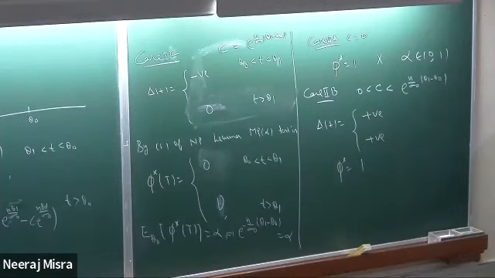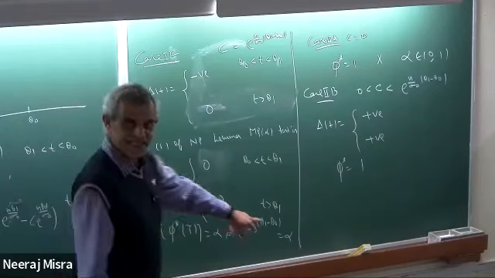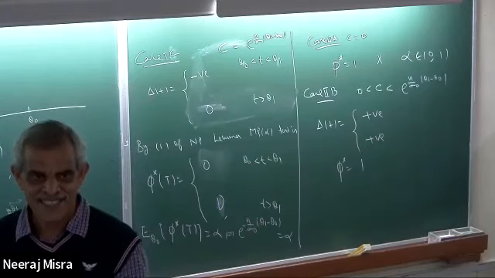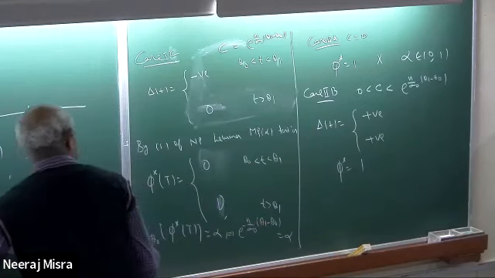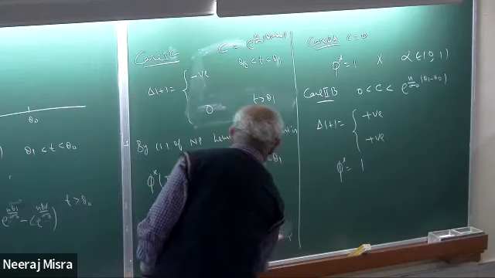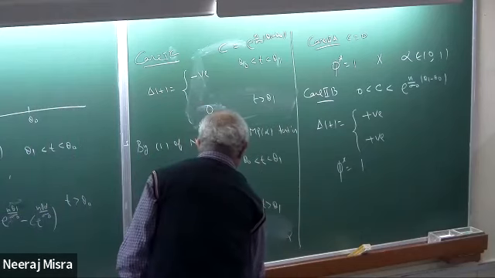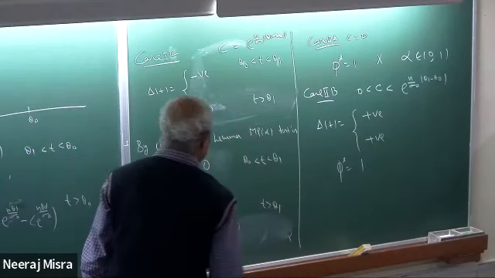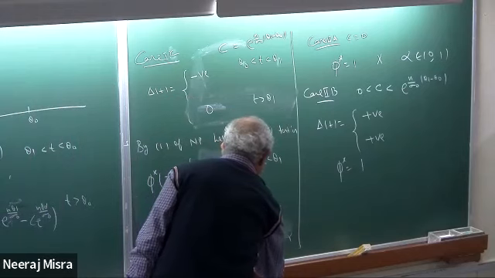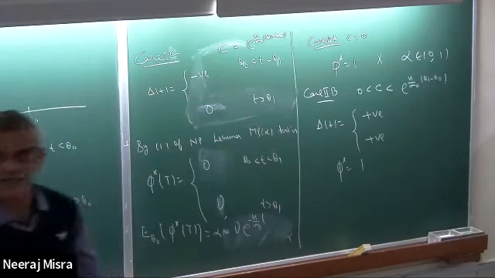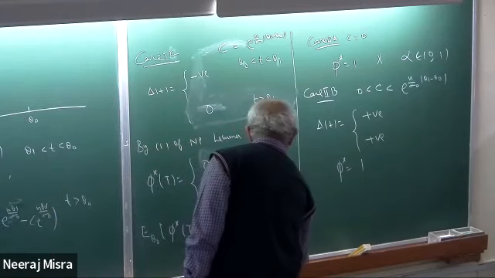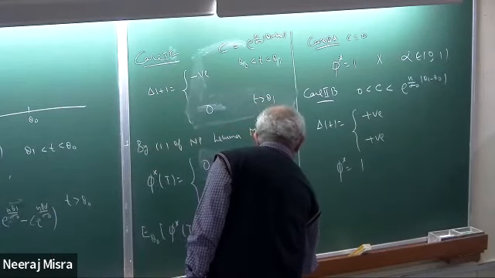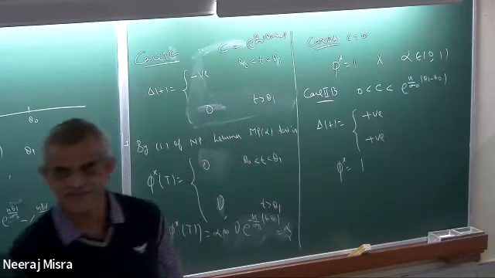And how this gamma has to be chosen? That means gamma times probability t greater than theta 1 should be same as alpha. What does that mean? It means gamma times e to power minus n by sigma naught t minus theta naught is equal to alpha.